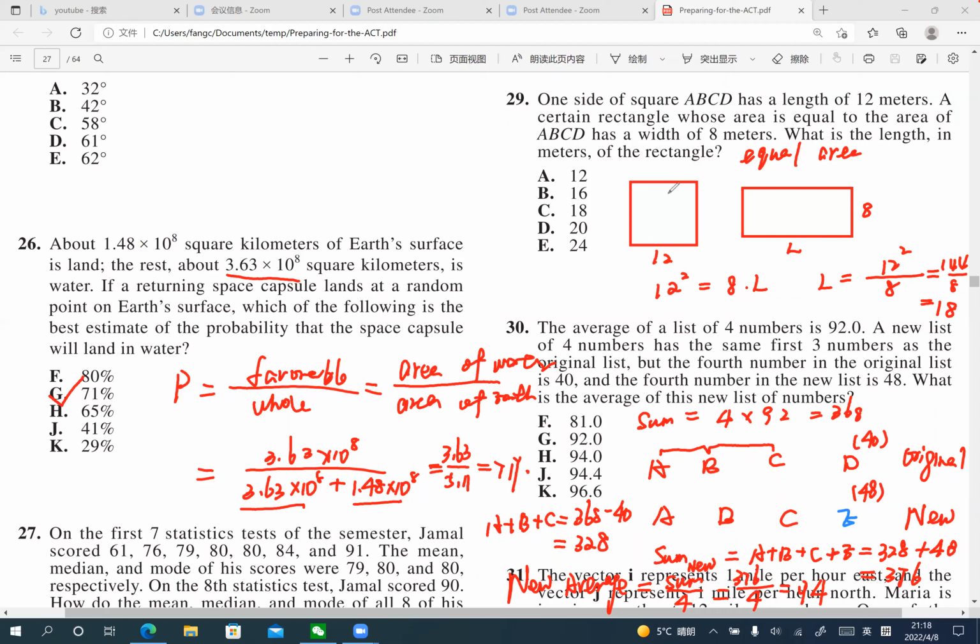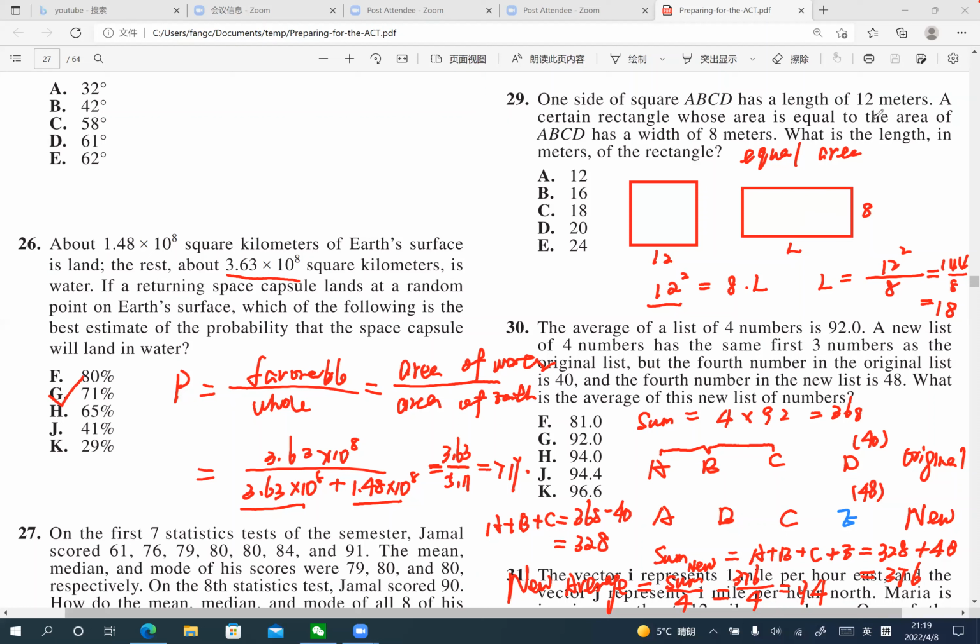So for the square ABCD, the area should be equal to the side squared, which is 12 squared. The area of the rectangle is equal to the length times the width. I use L to represent the length of the rectangle. So 8 times L is the area of the rectangle.